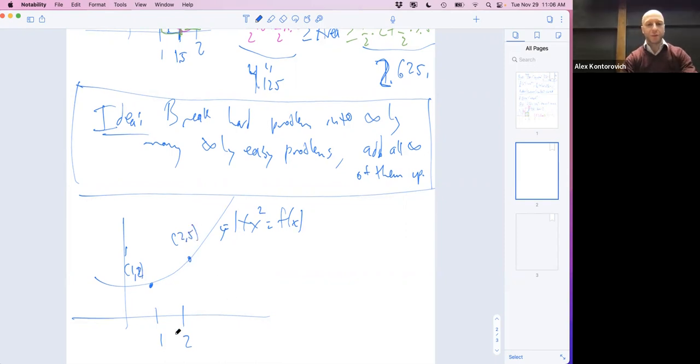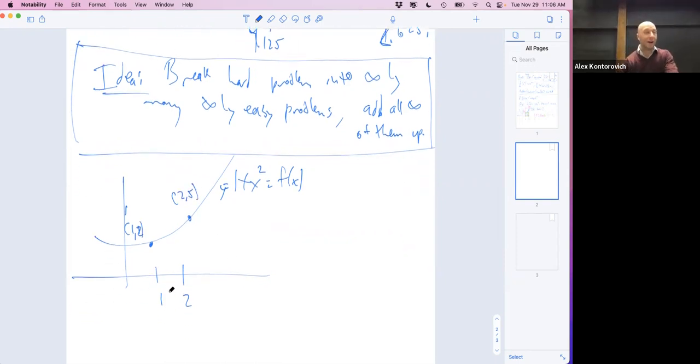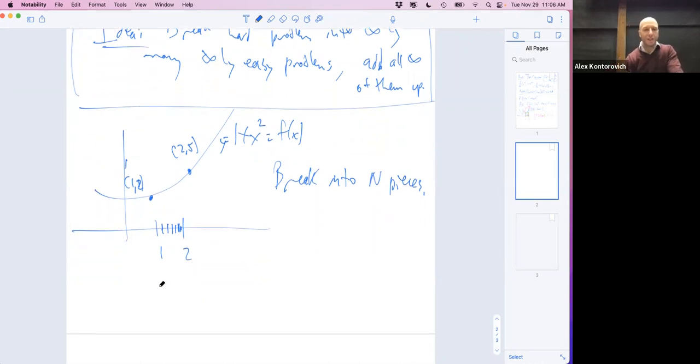And now what we're going to do is break this into how many pieces? 4, 8, 237, n. Let's use the power of algebra and say we're going to break it into n pieces. So there's n pieces here, whatever the size of n is. What does each piece look like?